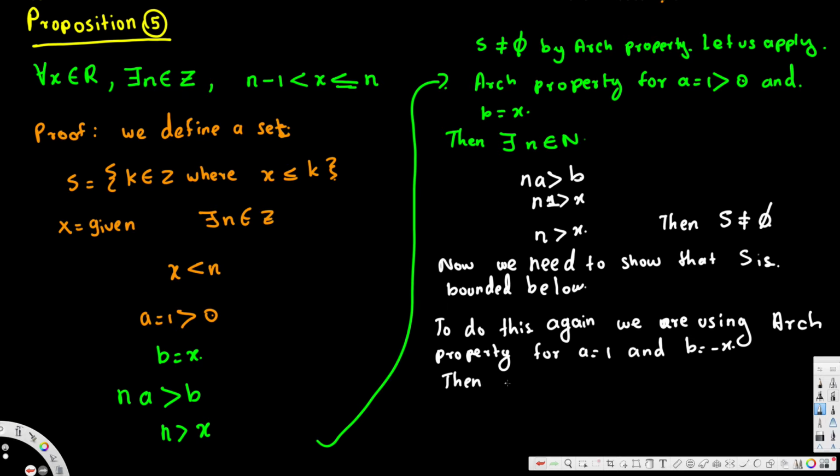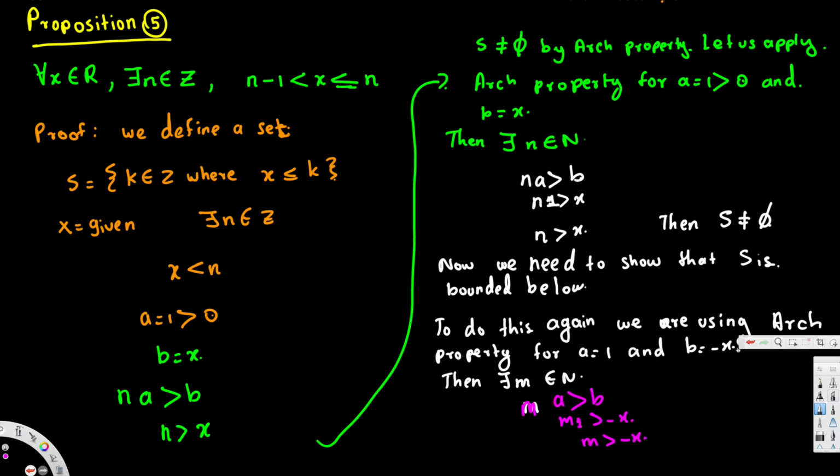Then there exists m belongs to the natural numbers such that m times a is greater than b, m times 1 is greater than minus x, m is greater than minus x, so minus m is less than x. This is fixed.